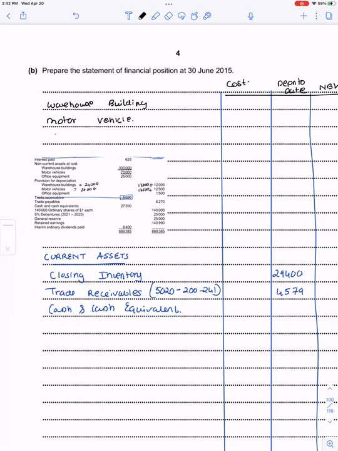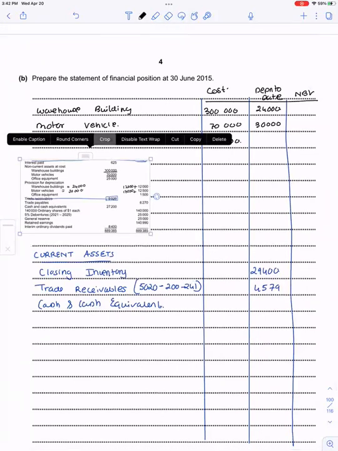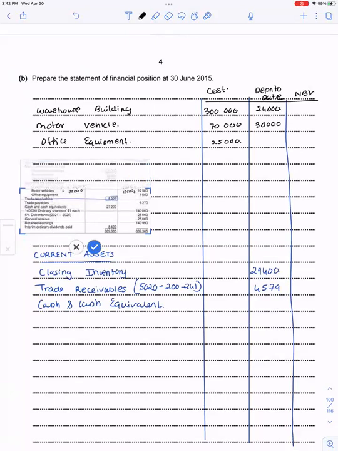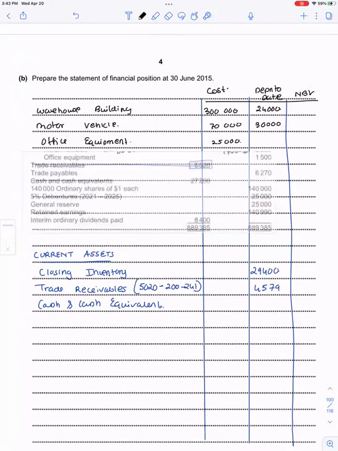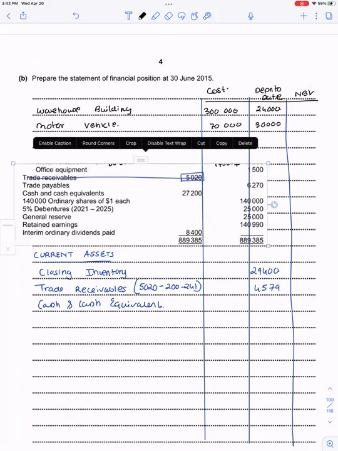Write the costs. Get the net book value of two assets. Give me the amounts once you're done.